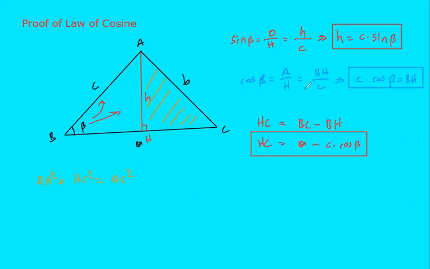So AH was the height of the triangle, which is this guy, C times sine of beta, and that needs to be squared, plus HC is basically this difference, which doesn't look fine, A minus C times cosine beta, and then I need to square this guy, equals AC squared, which is B squared.